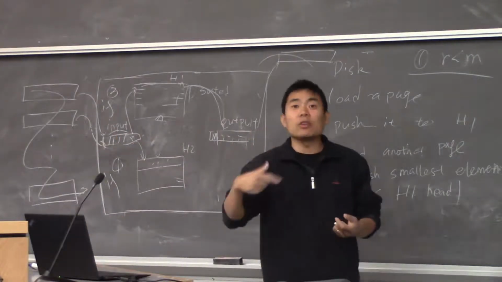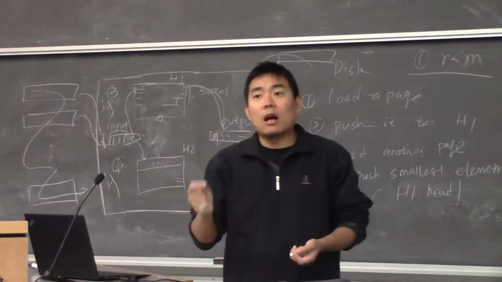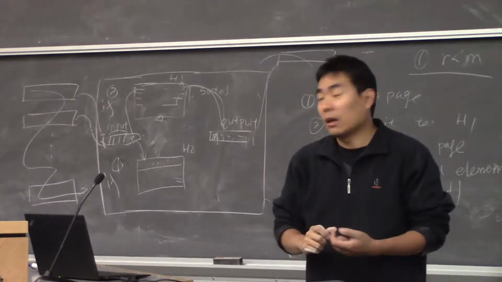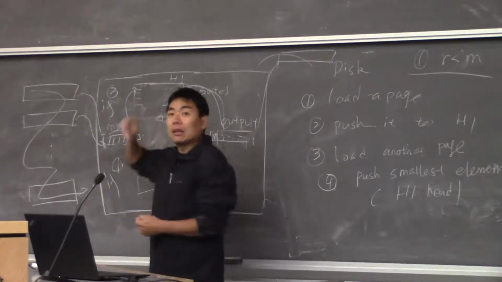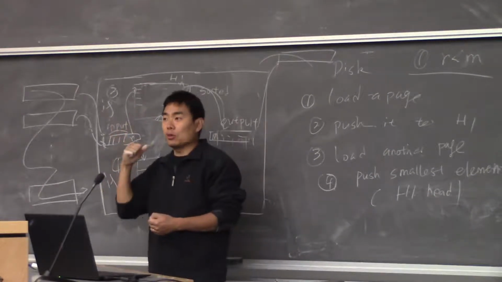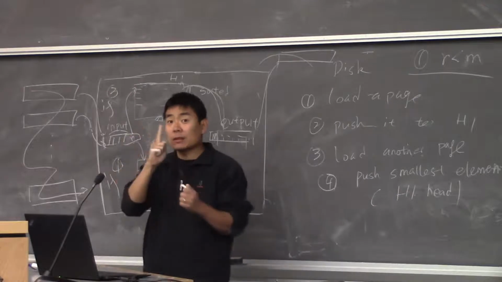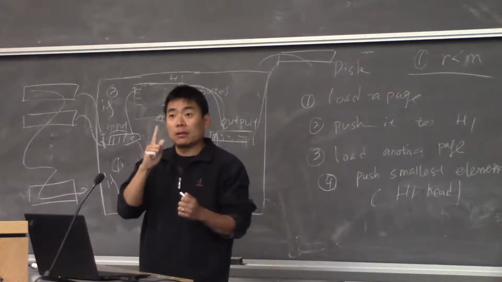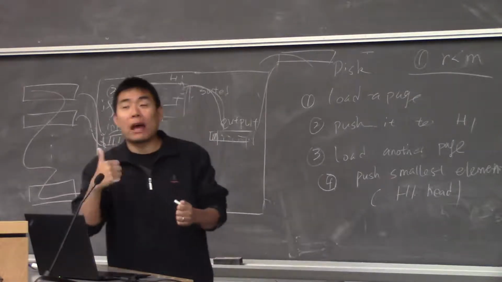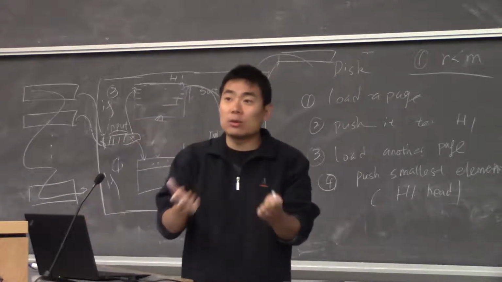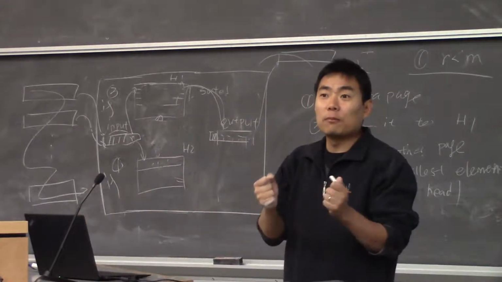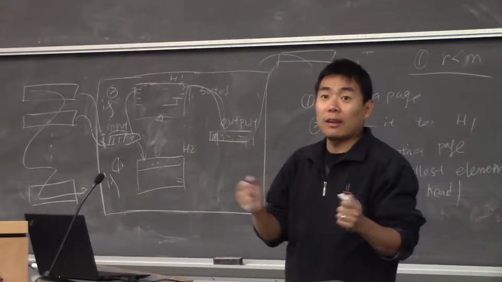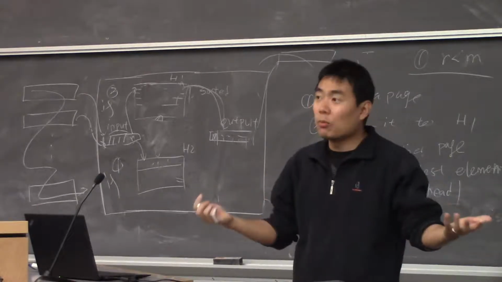And this process continues until when? Until H1 becomes empty, meaning that there are no more elements for you to push to the output from H1, and there is no more ammunition for H1 at all. It's kind of like you run out of your bullets from H1 and you ask for supply, but there is no more supply.